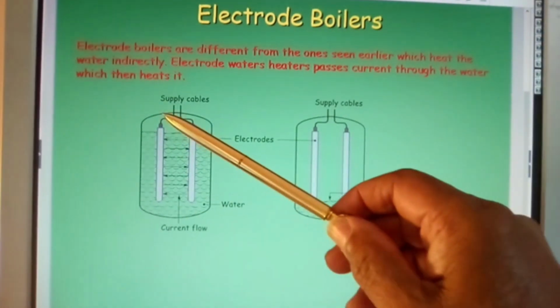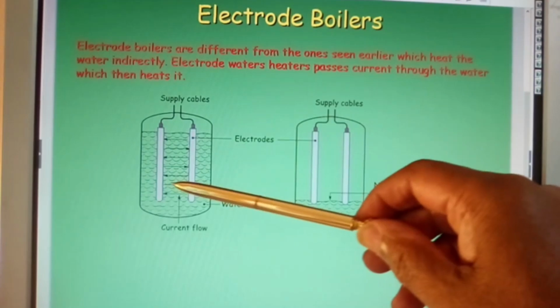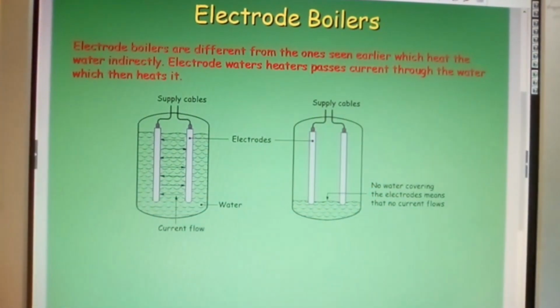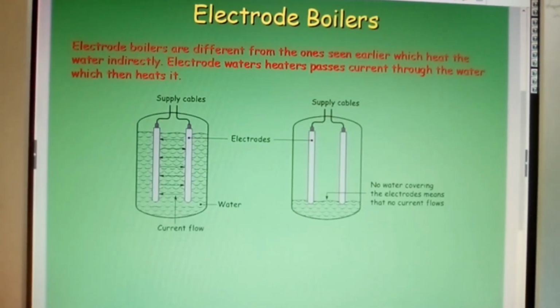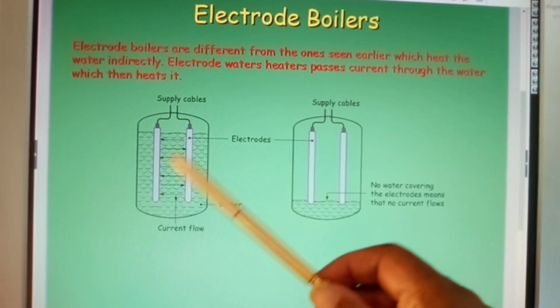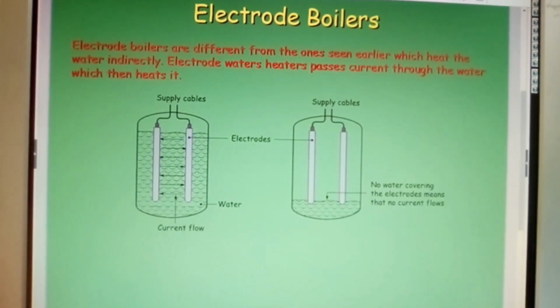So you can see here what happens, that you have one electrode which passes current from one to the other, and by that effect it heats up the water. Here current flows when the electrodes are covered. When you remove the water, no current flows, therefore no heat is produced.